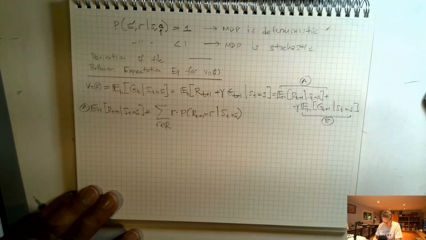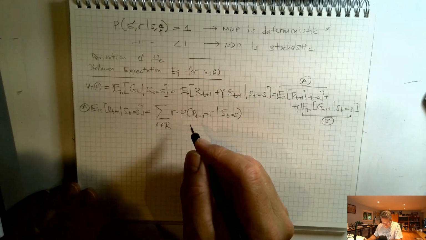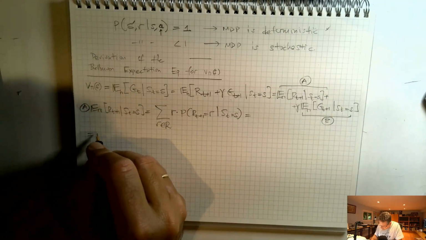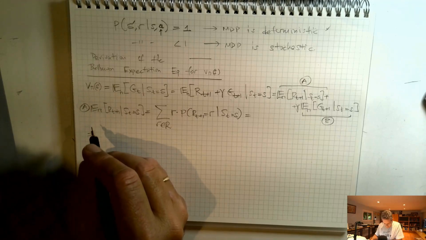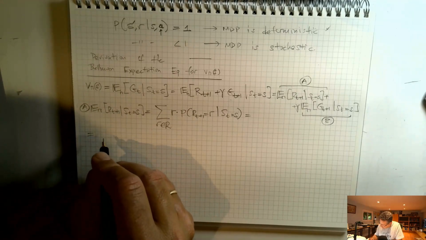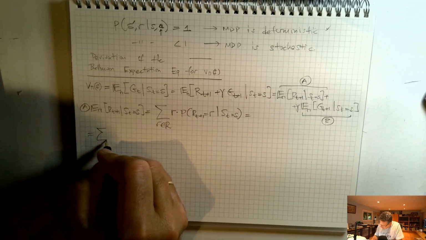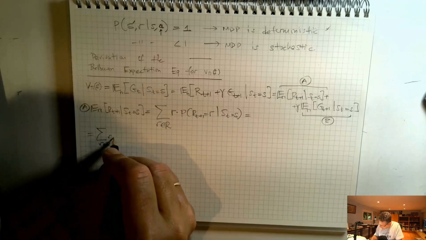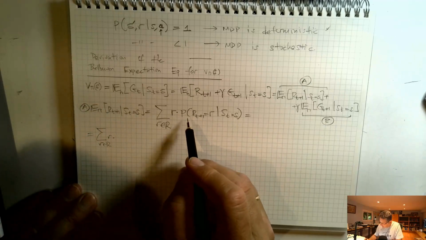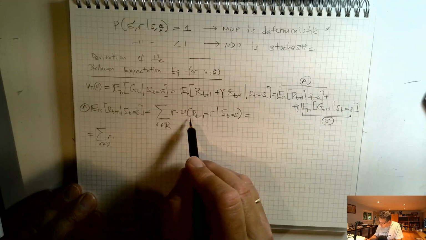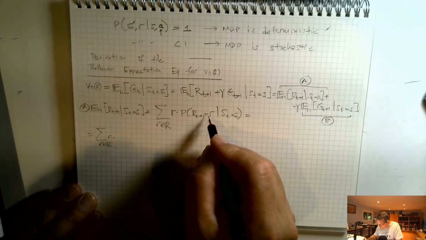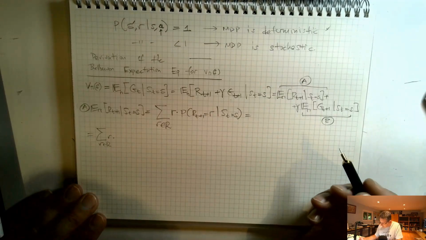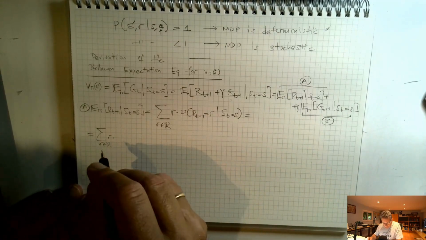Okay, and we can take this and write it as follows: a summation over R of R times this probability, which we can write as a marginalization of another more complicated probability distribution, the MDP dynamics.